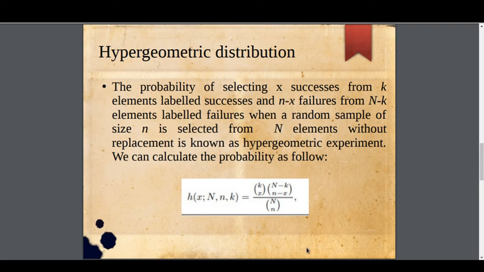And the last expression is capitalized N choose n, which is the number of ways that I can select n elements from the set capitalized N. I know that maybe this is a little bit complicated if we explain it with letters. However, let's explain it with an example, so you will see that it's pretty easy.